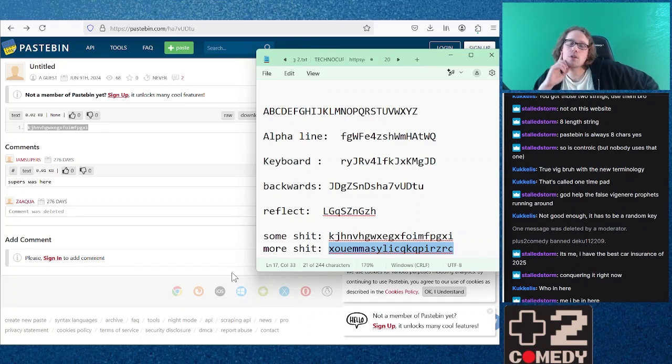No numbers, no uppercase. No clear relationship between the string above or below. Nothing matches. A lot of weird letter choices in my opinion. A lot of X's. A lot of I's.